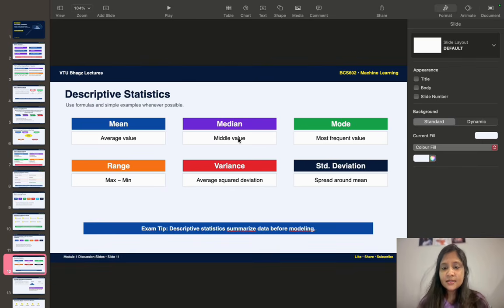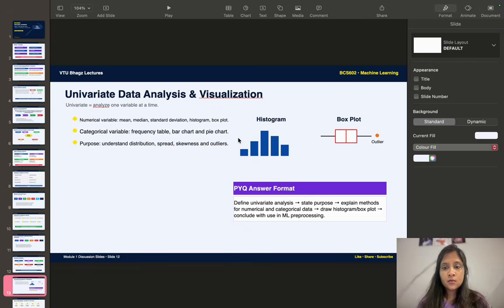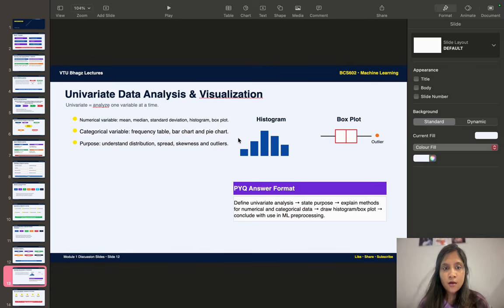Next we have univariate data analysis. Even this question has been asked, so you can give the highest priority to this. They can ask you to explain univariate data analysis and visualization, or specifically to explain histogram data analysis used in machine learning.